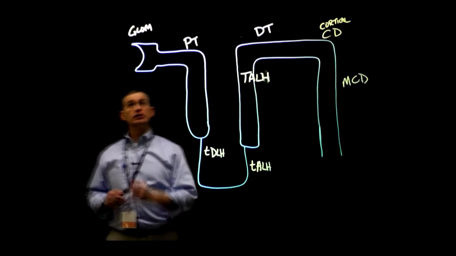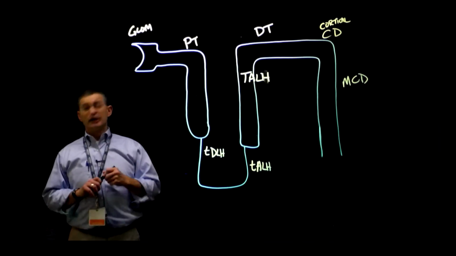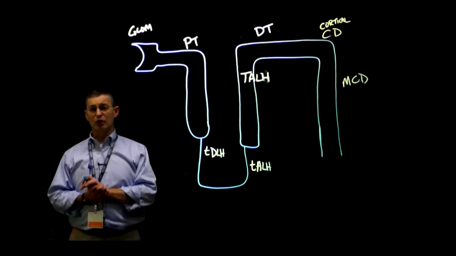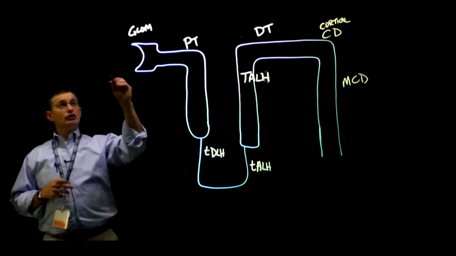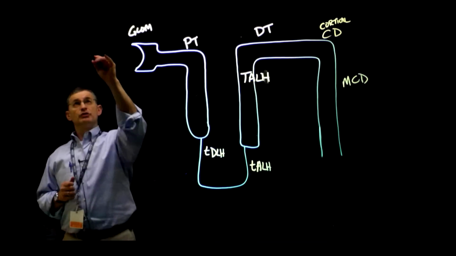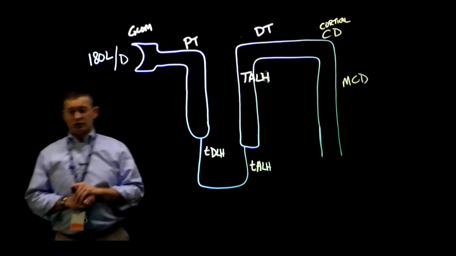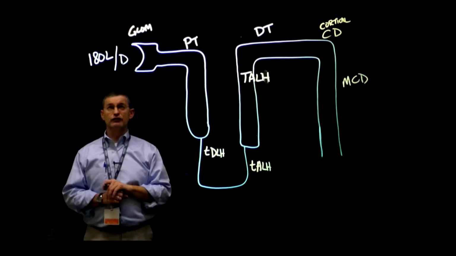So let's begin with the glomerulus and let's talk about sodium as the prototype. We'll talk about sodium and we'll talk about water from the standpoint of reabsorption. So, as I said before, about 180 liters per day enter the glomerulus and begin its transit through the nephron.